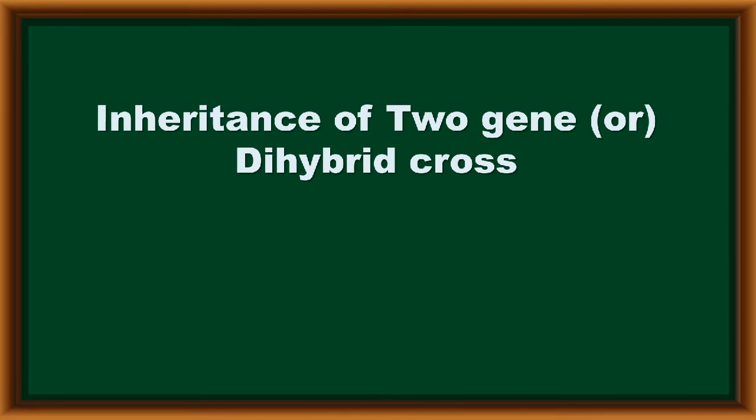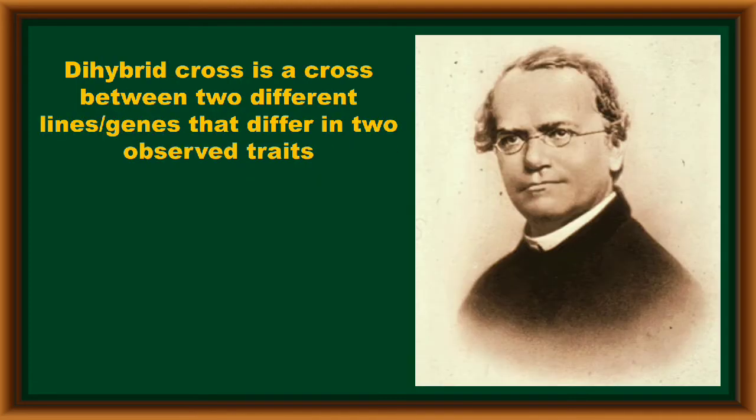In this video, I am going to explain the inheritance of two genes, or the dihybrid cross experiment conducted by Mendel. A dihybrid cross is a cross between two different lines or genes that differ in two observed traits.